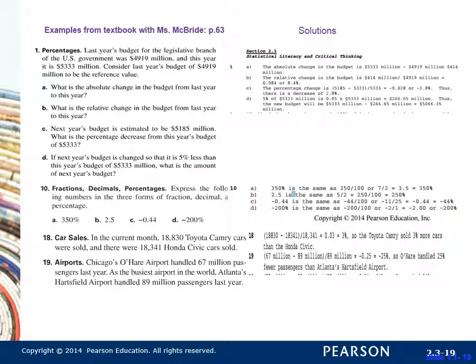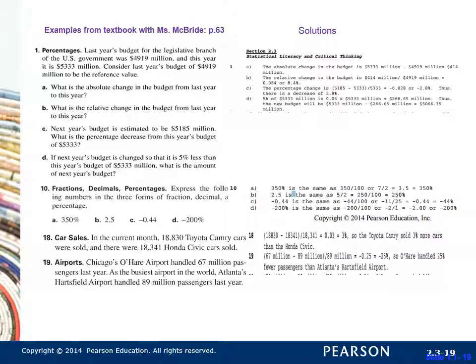All right, so the first slide on percentages, we have last year's budget for the legislative branch was $49.19 million, and this year it's $53.33. Consider last year's budget of $49.19 as the reference value. So what's the absolute change going to be?